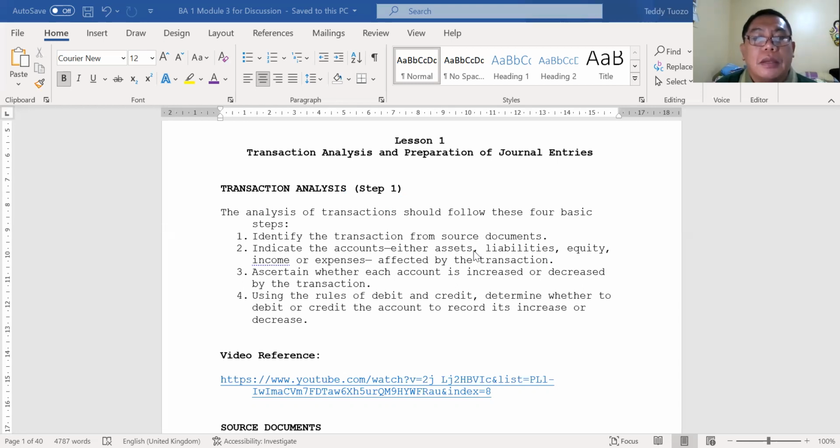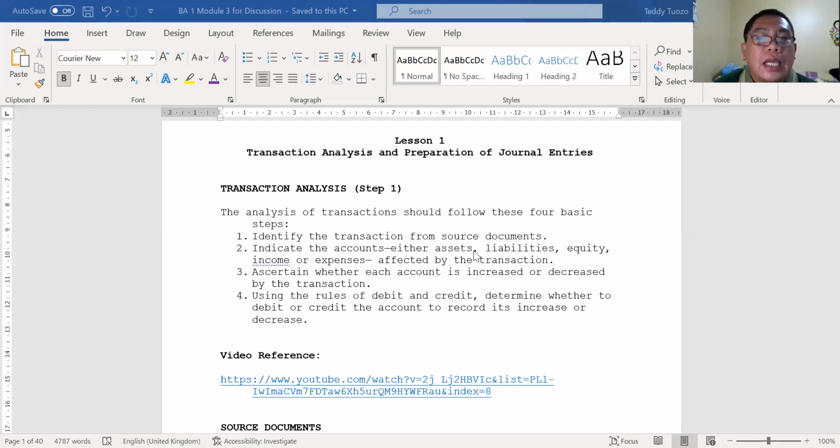source document. Number 2, indicate the accounts, either assets. So we need to identify them, no? It's either they are assets, liabilities, equity, income, or expense, no? Are any of these accounts affected by the transaction will be the question.